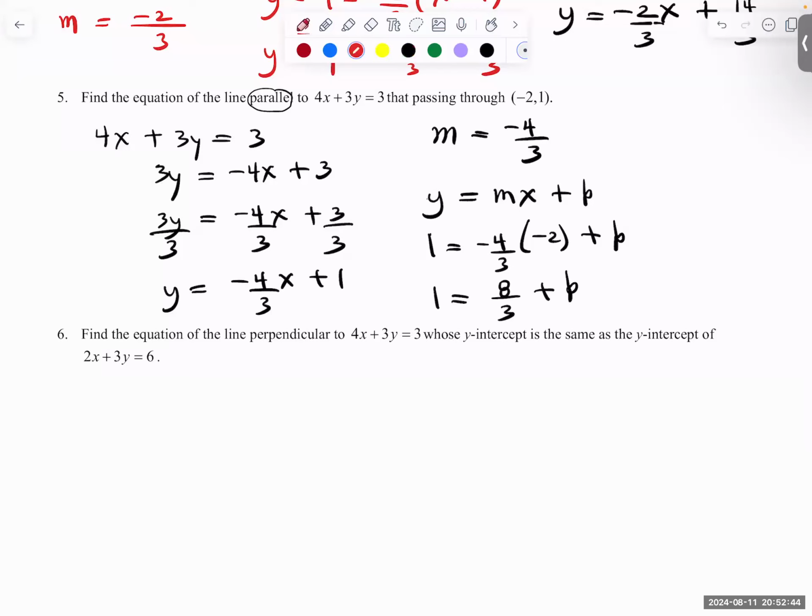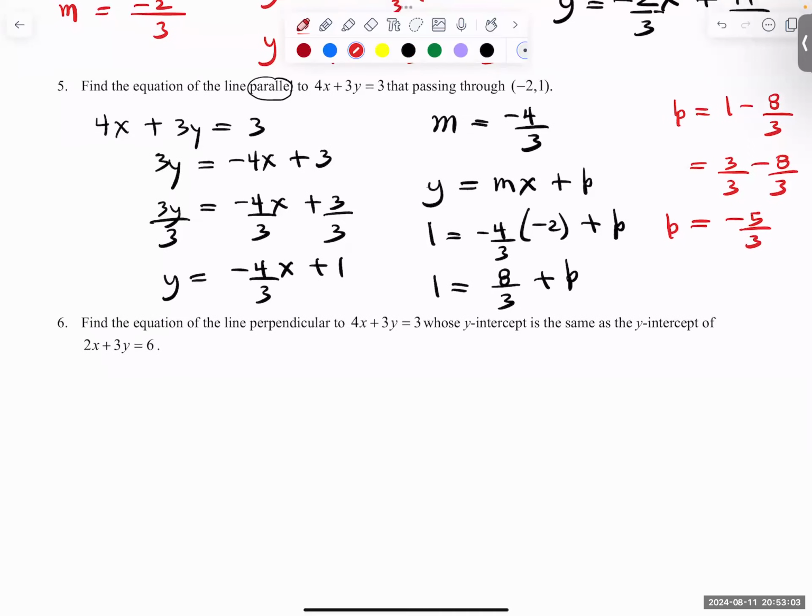Therefore, b equals 1 minus 8/3, which is 3/3 minus 8/3. So b is negative 5/3. So the equation of the parallel line passing through the given point is y equals m, the slope, negative 4/3 x, plus b, which is minus 5/3.